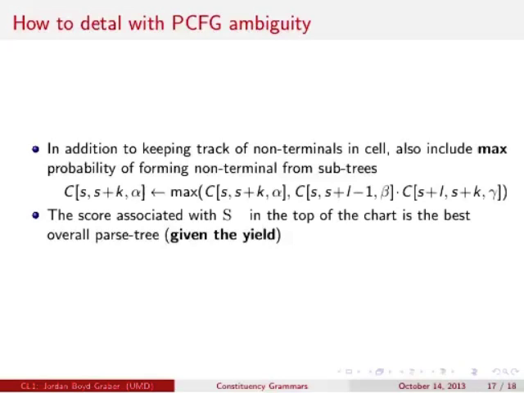And now we parse the sentence as before, and we take a look at the entry associated with the start symbol at the top of the chart, and that gives us the parse tree with highest overall probability given the yield. And like before, we need to have back pointers so that we can recover the actual parse of the sentence.